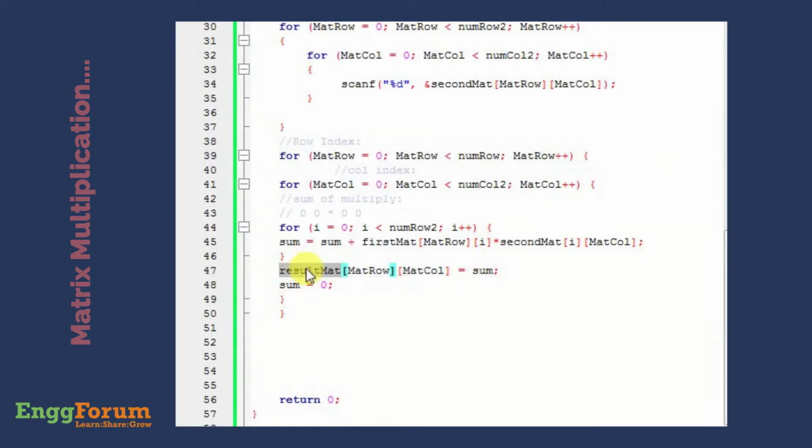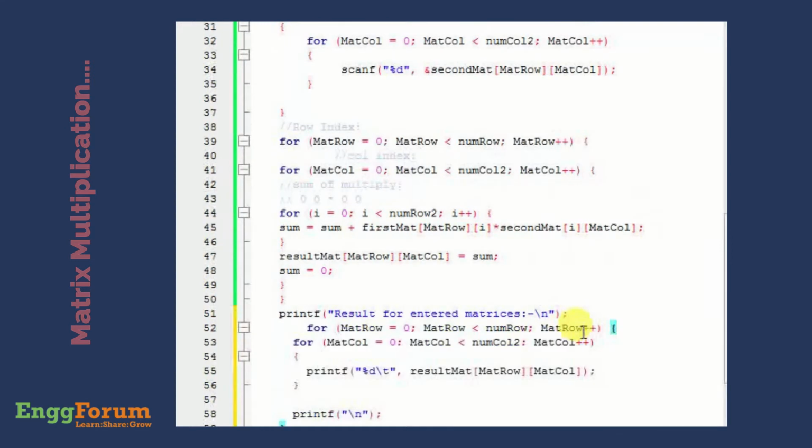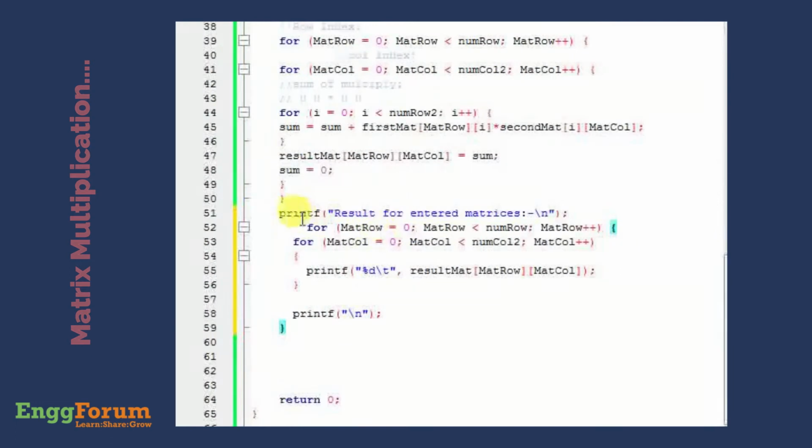Next, let's display the result from array result mat. As we have a two-dimensional array, place two for loops. One with the condition matRow variable less than the number of rows in first mat, and another for loop with the condition variable matCol less than the number of columns in second mat. Print the values available in array result mat.